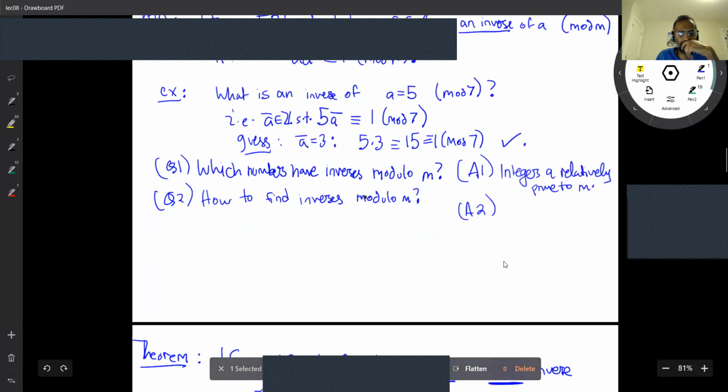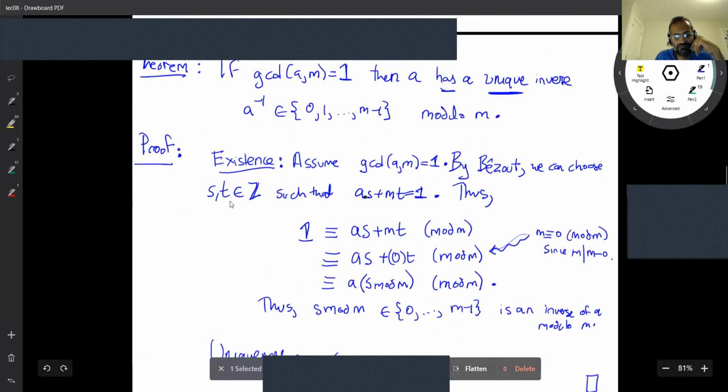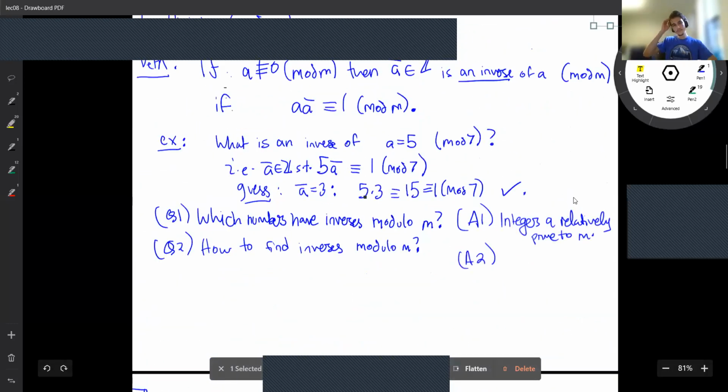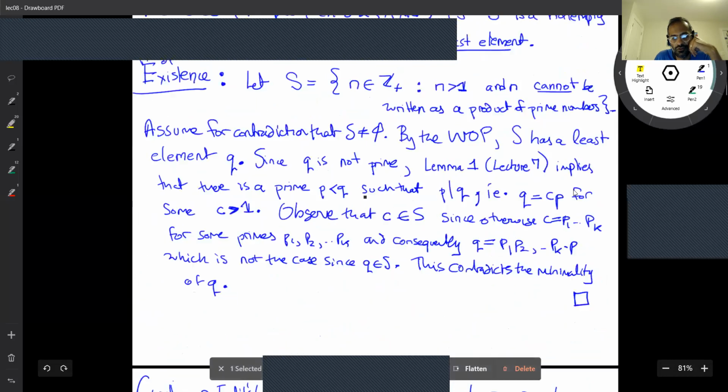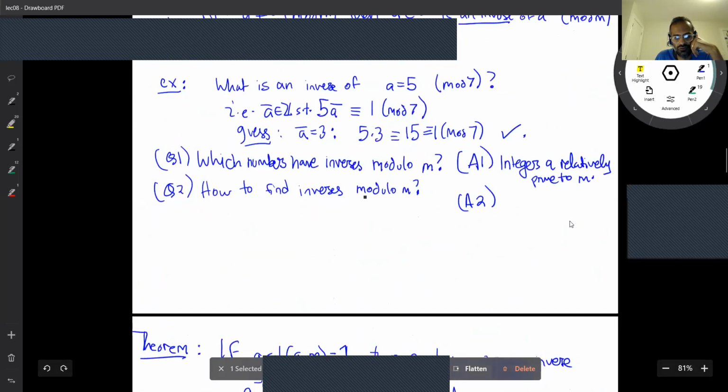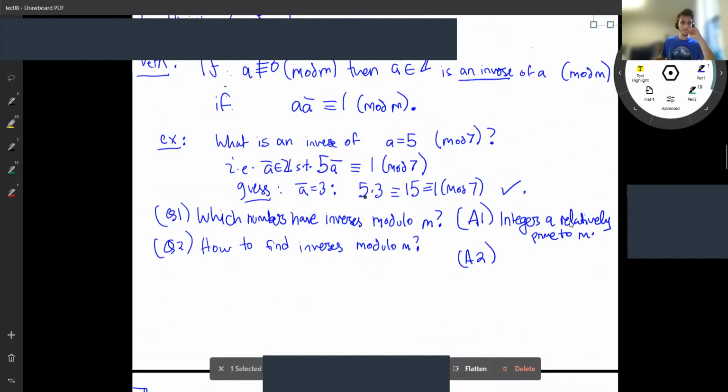Well, the proof tells me, right? You find these Bézout coefficients. And how do you find the Bézout coefficients? Using the Euclidean algorithm. Yeah, right.